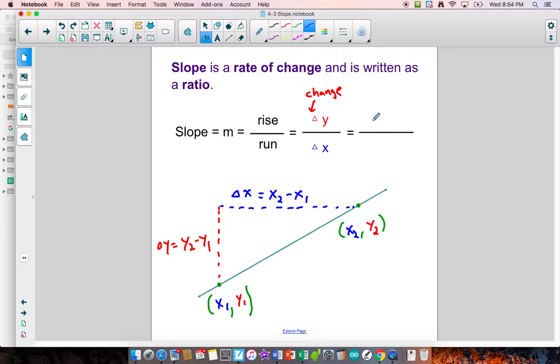So up here, you've got your x2 minus x1 and your y2 minus y1. It doesn't actually matter which one is point 1 and which one is point 2. You'll still get the same answer either way. So let's do some calculations, and this will maybe make a little bit more sense.